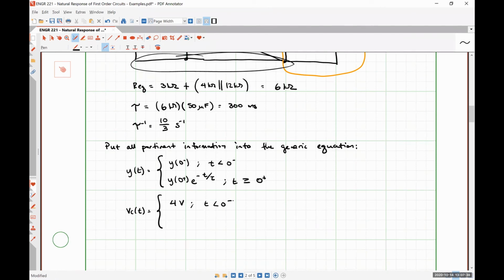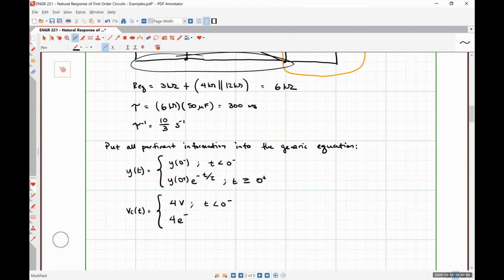And what was VC at 0 plus? Shouldn't have to look back through your notes for this one. 4 volts, right? The voltage drop over a capacitor cannot change abruptly. So if it was 4 volts at 0 minus, it has to continue being 4 volts at t equal to 0 plus. So it'll be 4 e to the minus t over tau.